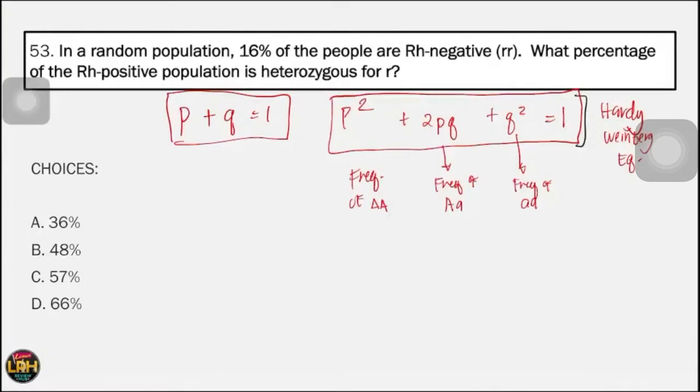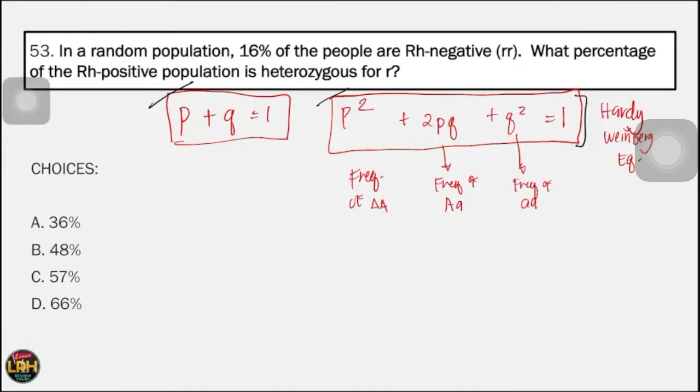Number 53, in a random population, 16% of the people are Rh negative. What percentage of the Rh positive population is heterozygous? We can compute this value using the Hardy-Weinberg equation, which is p plus q equals 1, and then the Hardy-Weinberg equilibrium p squared plus 2pq plus q squared equals 1.